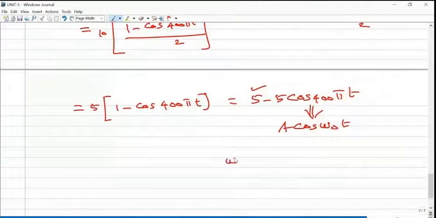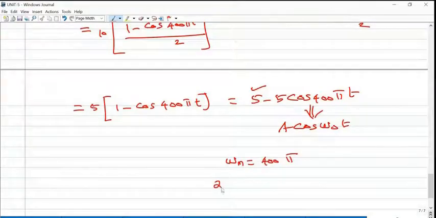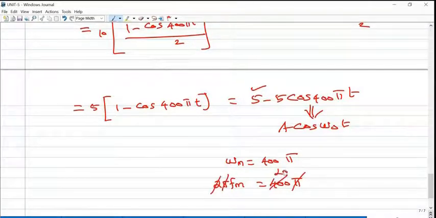So you can directly find omega m equal to 400 pi. 2 pi fm equal to 400 pi. Pi will be cancelled, this is 200. So fm equal to 200 hertz.